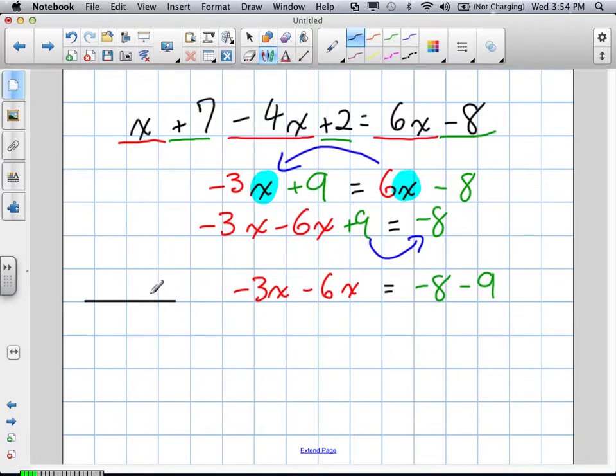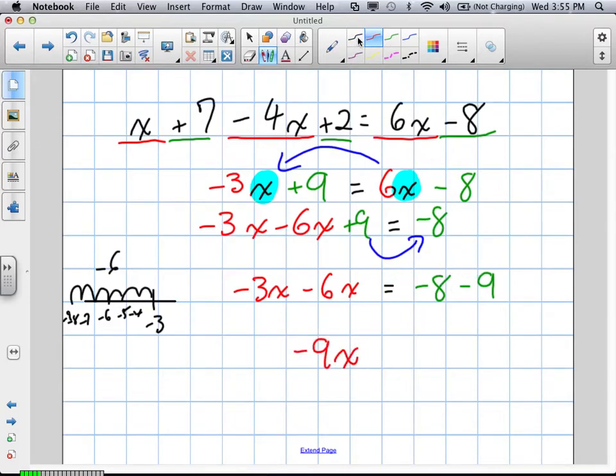So we start at negative 3, and then it says minus 6, or 6 in the negative direction. So we go to negative 4, negative 5, negative 6, negative 7, negative 8, negative 9. That's 6 steps in the negative direction. So we're left with negative 9x.